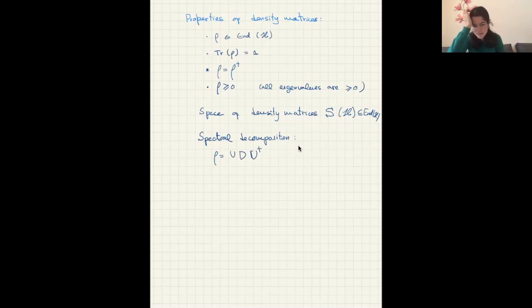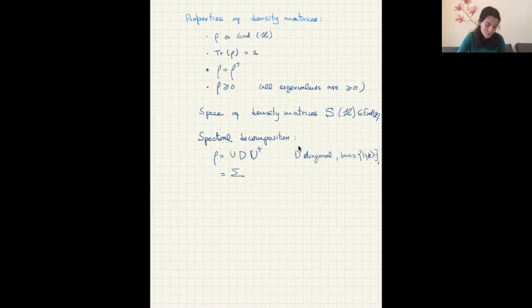Okay, which means we can write it diagonal, and you can write it in some basis psi. Not necessarily the same psi as we saw before. Well, let's call it psi x.